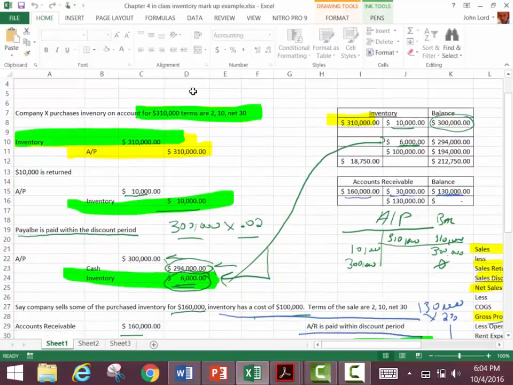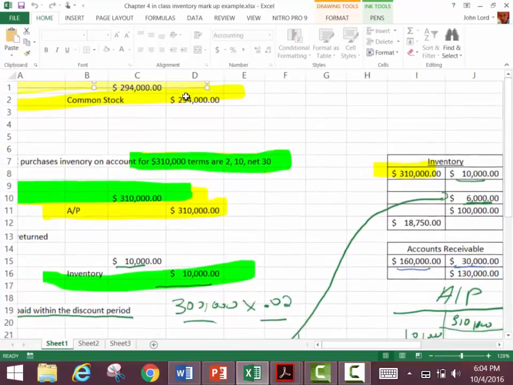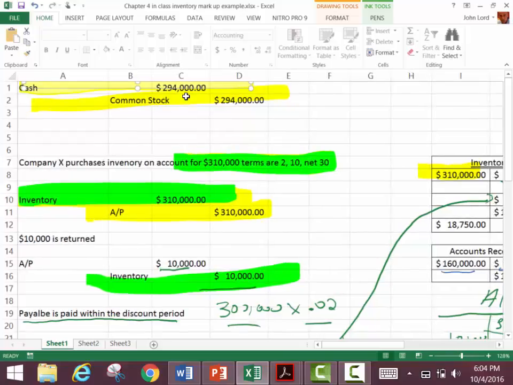Let's start with this company issuing common stock, and it's probably best if you have your copy of this in front of you. I think I gave it out last time, right? It's also up on Canvas.